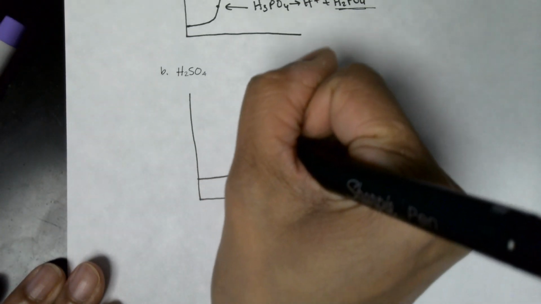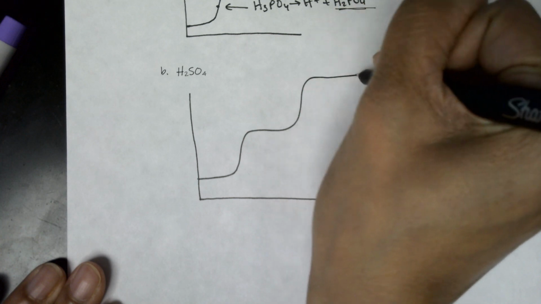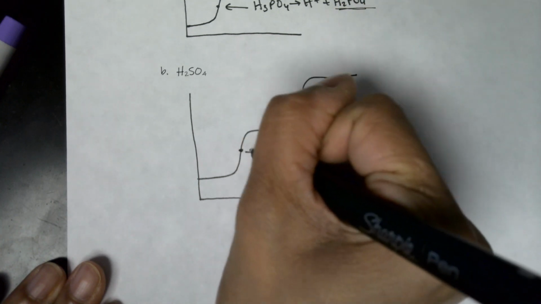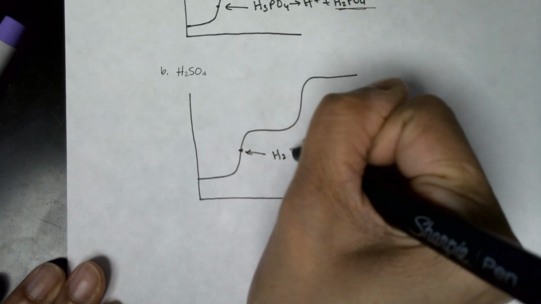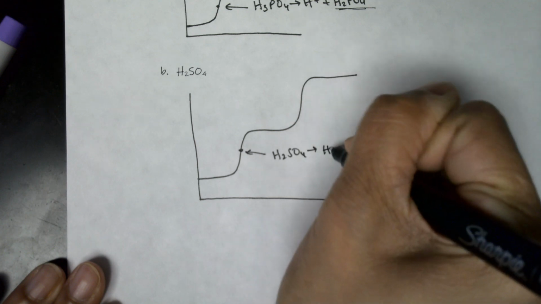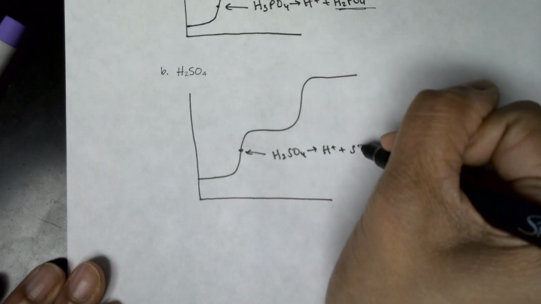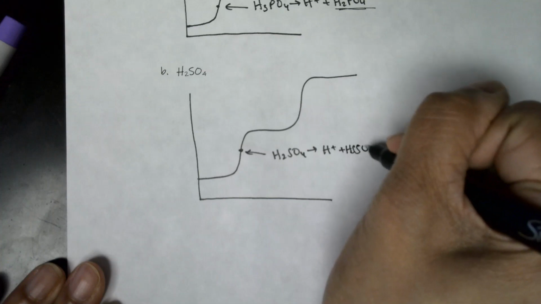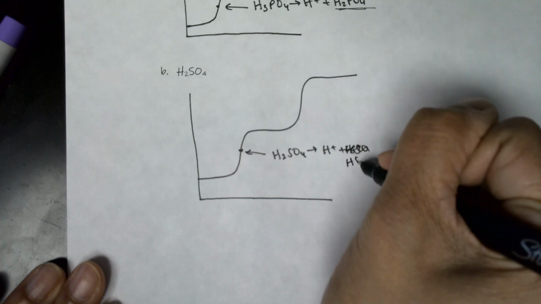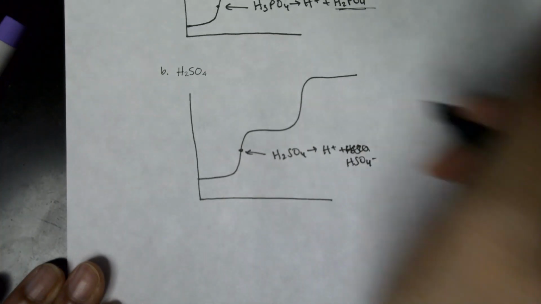All right, so here we see two sections. This one is H2SO4 donating an H plus and making HSO4 minus.